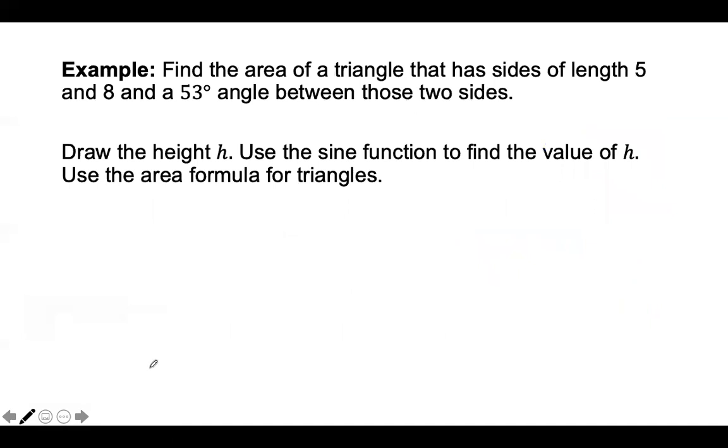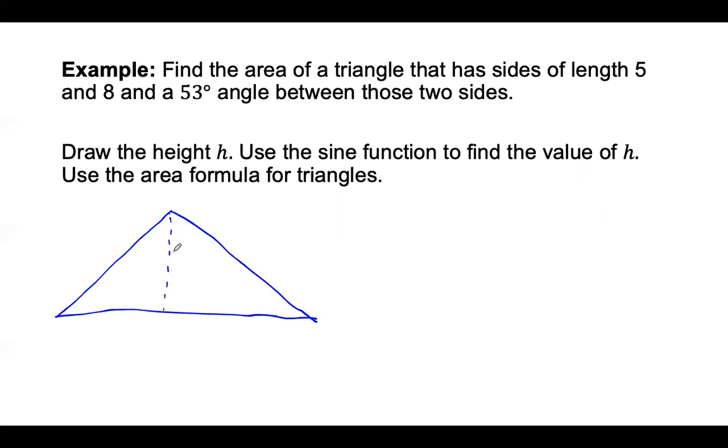Okay, so let's find the area of a triangle that has sides of length 5 and 8, and this angle between those two sides. So step 1, draw our triangle. So I'm going to project down.